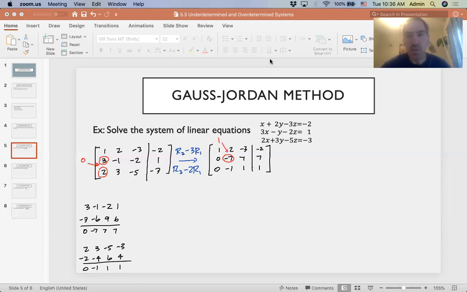So we will multiply by the multiplicative inverse, negative 1/7 times row 2. That is 0, 1, negative 1, negative 1.